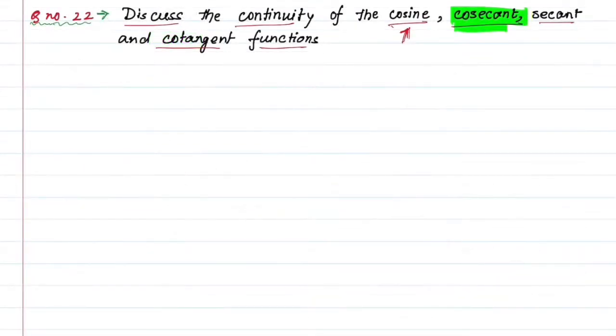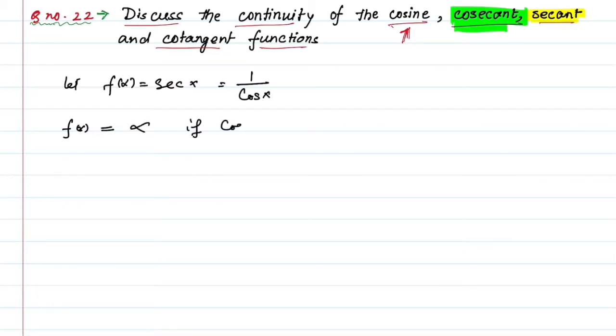Now, let us check the continuity of the second function, secant. Here also let us consider f of x is equal to sec x. We know it can be written as 1 by cos x. So, here this function f of x will be not defined, or it will be infinity, if cos x is equal to 0.